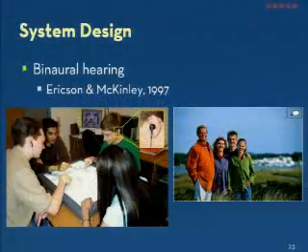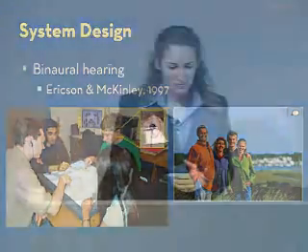So one alternative that we explored was supplementing a shared device with sources of private audio content for each member of a group. One thing that we took into consideration when designing our system was some results on the way human hearing works.